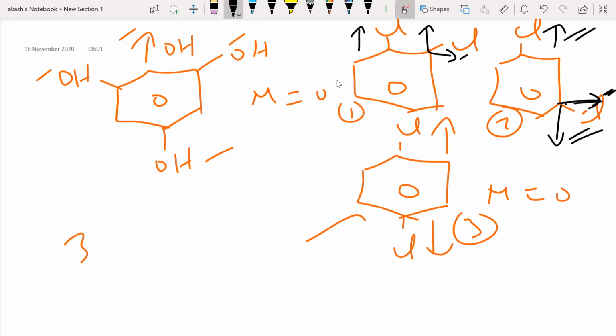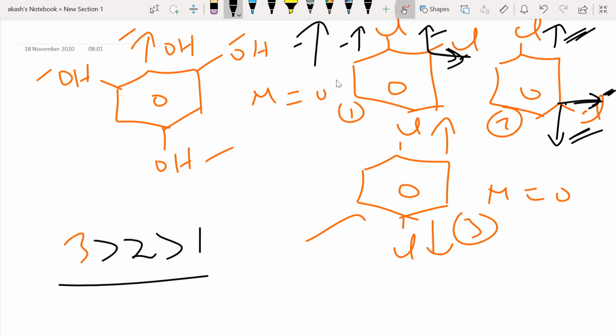But here I have one big dipole moment towards this side because this and this are getting added up, and obviously some cancelled dipole moment towards this side also. So in this case it is getting cancelled, but in this case they're getting added up. So the answer would be 1 greater than 2 greater than 3.